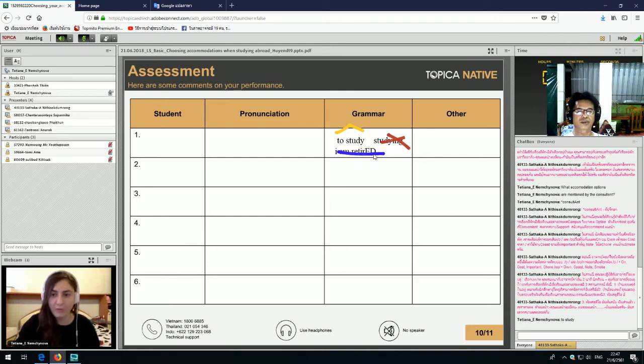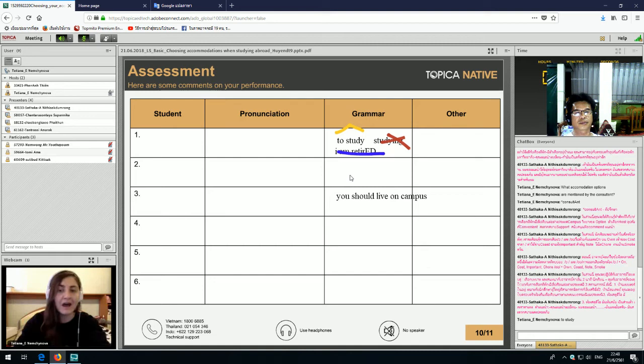Next correction for Ma. So Ma, you should live on campus. For you, the correction will be regarding should. Actually, it is quite similar correction. In your sentence, you said that you should live in.